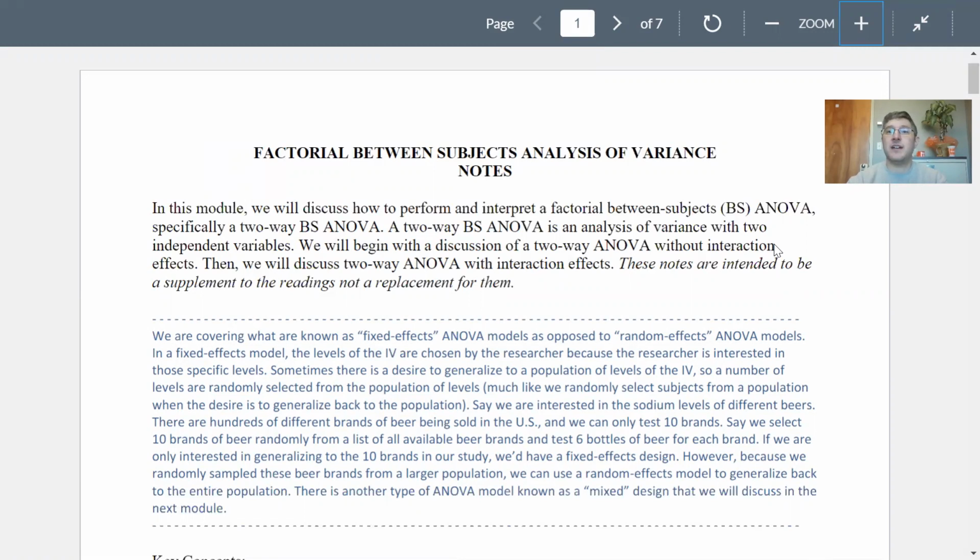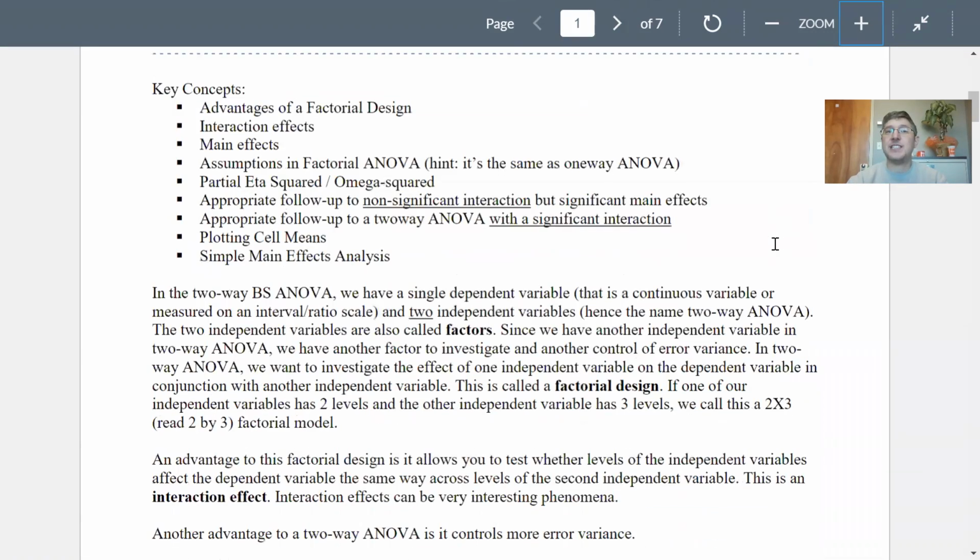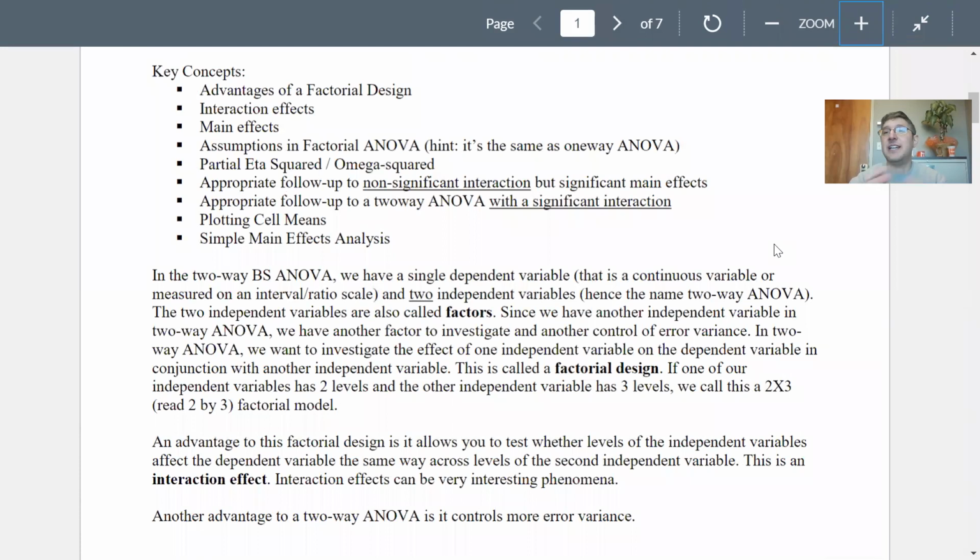Here are some key concepts to keep in mind. The big thing we're going to talk about here is interaction effects, which I think will be new for you, and whether the interaction effect is significant or non-significant then affects the type of follow-up that we'll do. We'll talk about that a little bit in these notes.